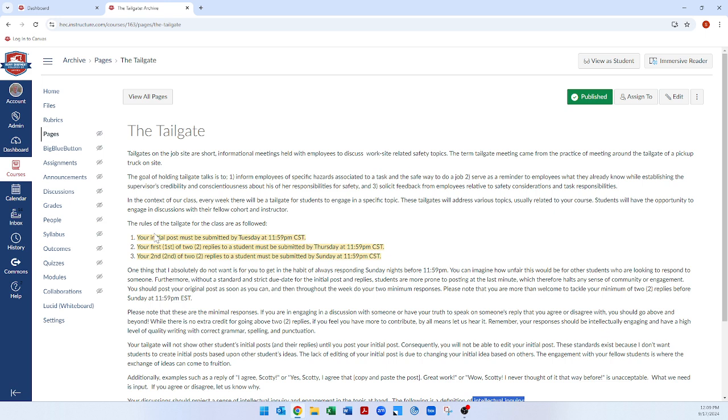So if you do well on your responses and you post all 3 responses, you can score 100 points. Now, having said that, if you forget to post your second response of 2 replies to a student, guess what? The highest score you can get is 70, and that's only if you score the max on your initial and the max on your first of 2 replies.